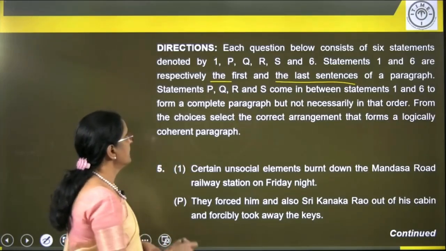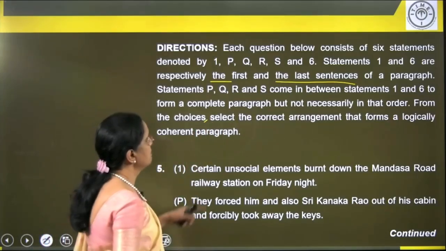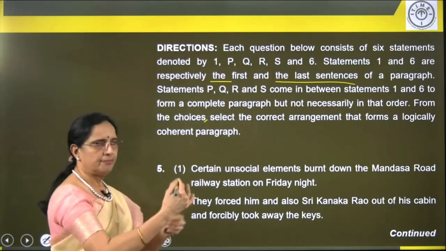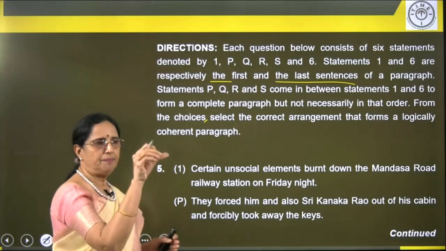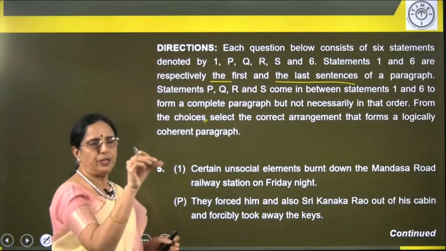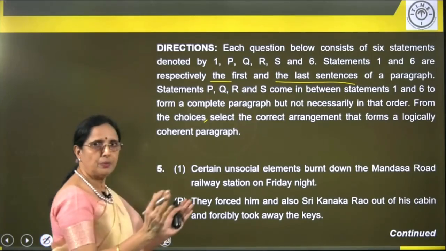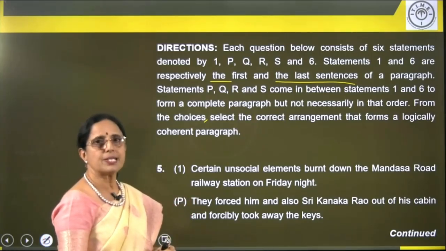From the choices, select the correct arrangement that forms a logically coherent paragraph. So, different model in which you have first statement and last statement fixed, right? In between, you have the jumbled statements.